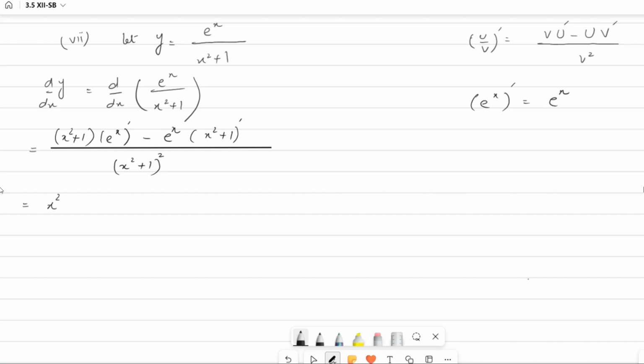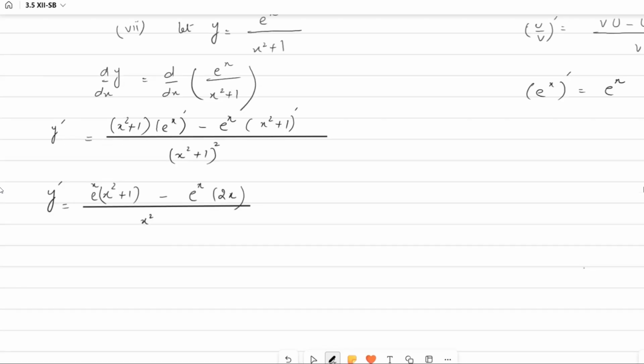So (x square plus 1) e raised to the power x minus e raised to the power x times the derivative of x square plus 1, which is 2x plus 0, divided by (x square plus 1) whole square.